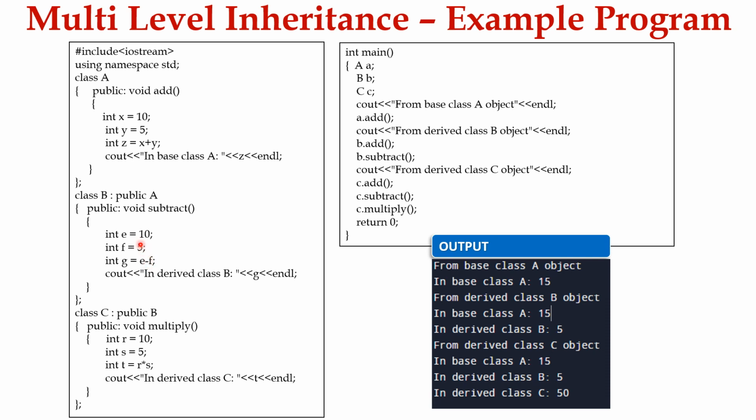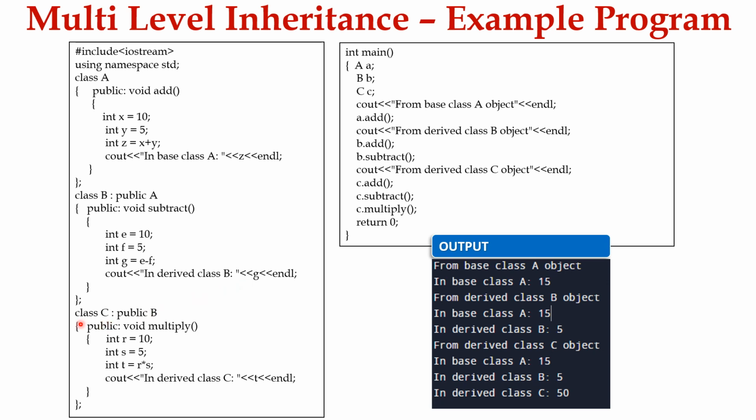So we have the definition for class B, where class B defines a member function subtract, and declares the variable e of integer data type assigned with value 10, variable f of integer data type assigned with value 5, and variable g of integer data type assigned with the expression e minus f. Finally, using the cout statement, we have displayed the value of the variable g to the user.